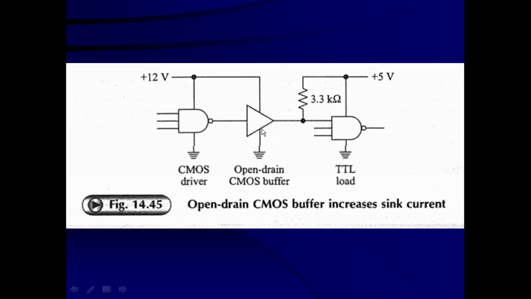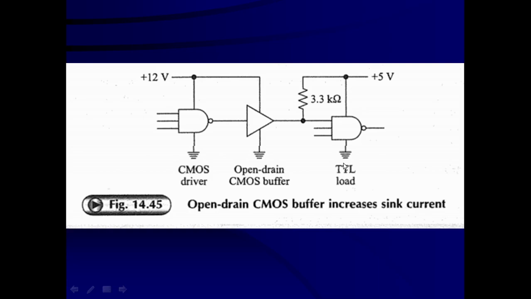But when the CMOS buffer is high, the sink transistor will not conduct; it will be off and act like an open switch. The drain is pulled up to 5 volt, which is compatible with the TTL load input. So it is a valid high state input for the TTL load, and that way this open drain CMOS buffer can also be used to drive a TTL load.